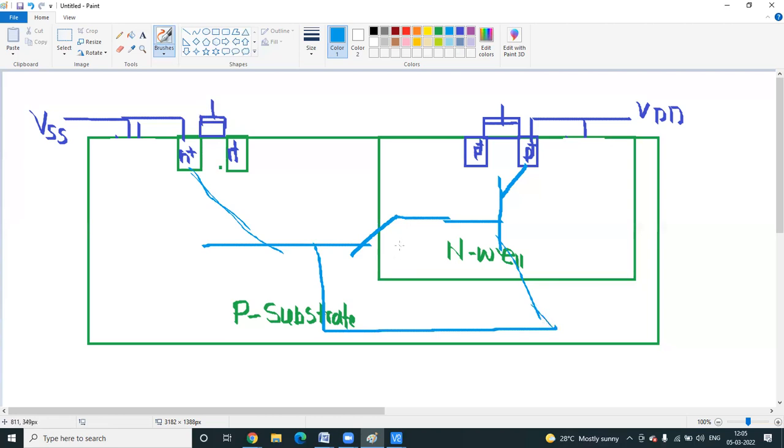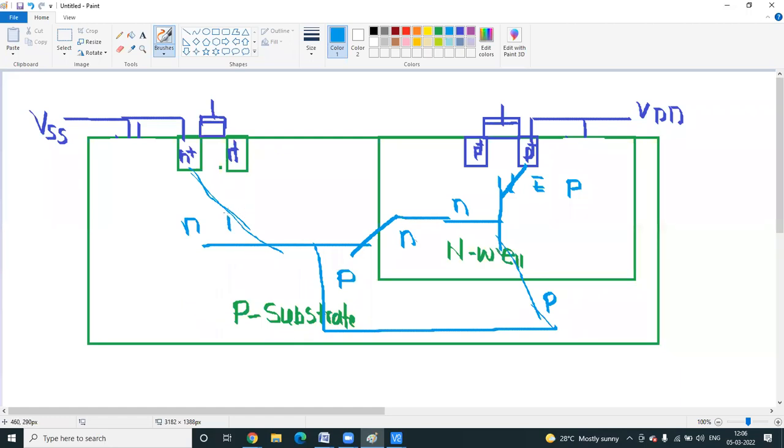Okay, I am drawing like this. Why does P plus act as the emitter? N well. So this is an NPNP. The P plus, N well, this is the P substrate. Here NPN: N plus, P substrate, N.